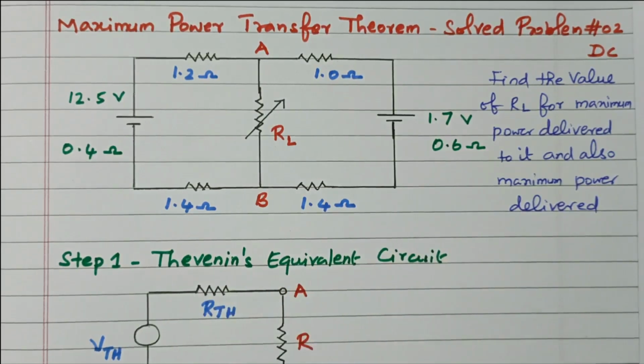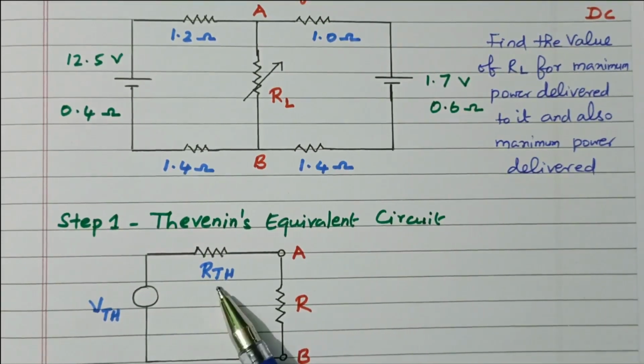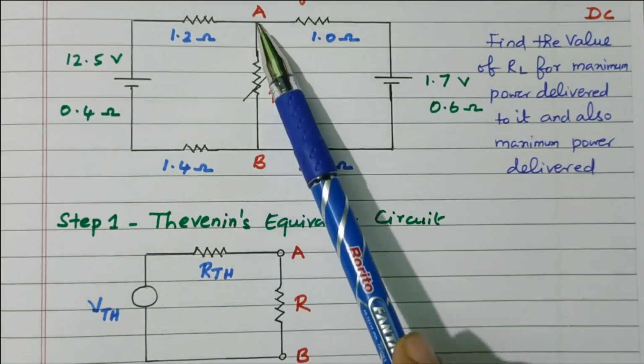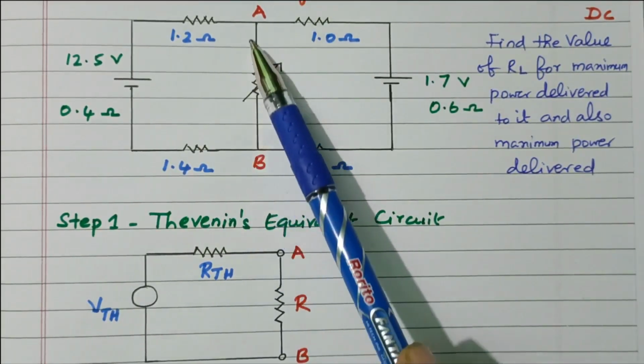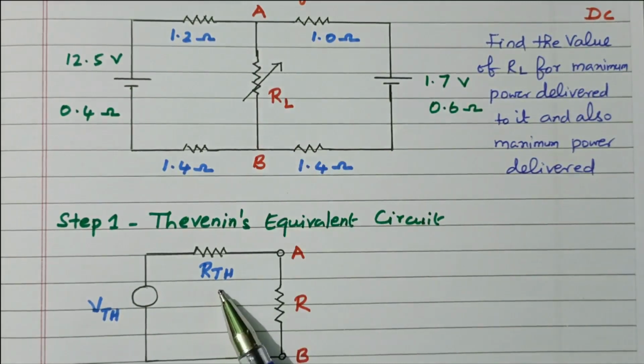What is the Thevenin equivalent circuit? It consists of VTH and RTH, a voltage source in series with a resistance. What is VTH? It is the open circuit voltage. The load terminal is open circuited, and the voltage across AB is VTH. What is RTH?